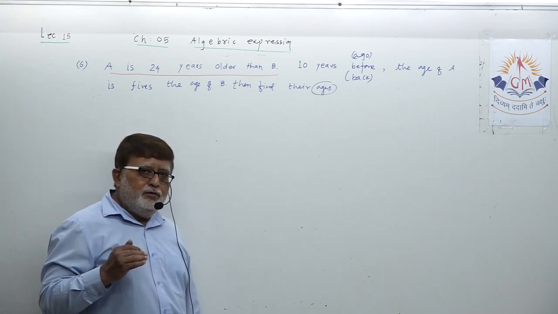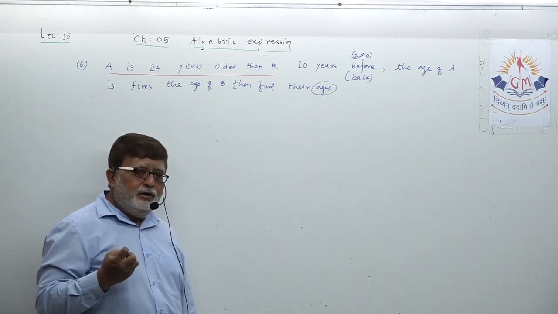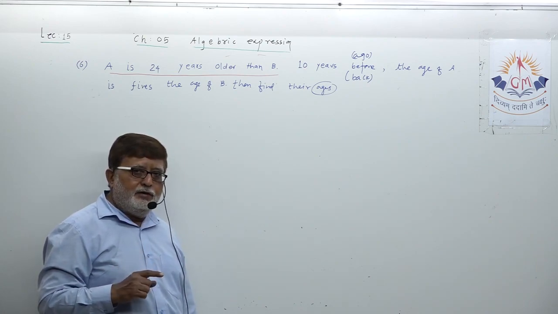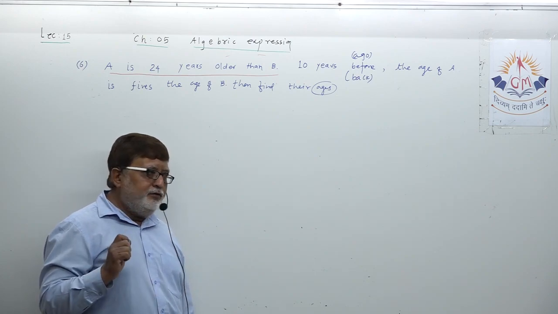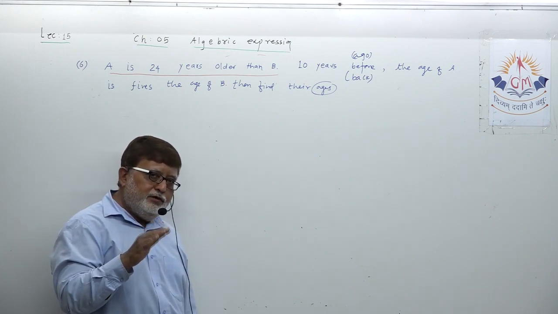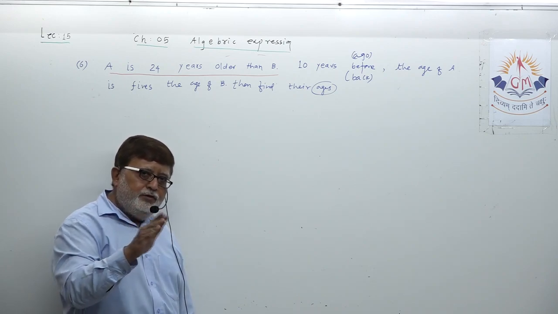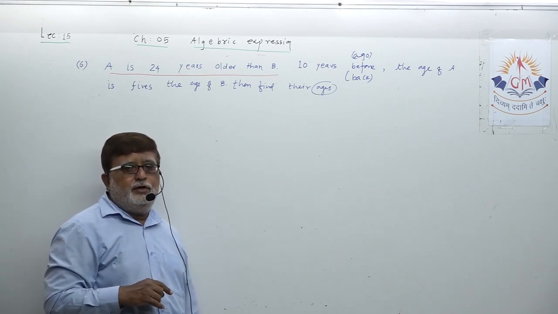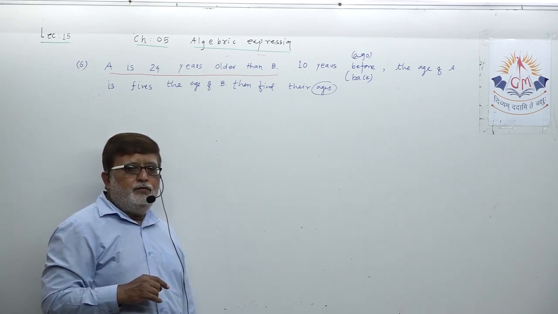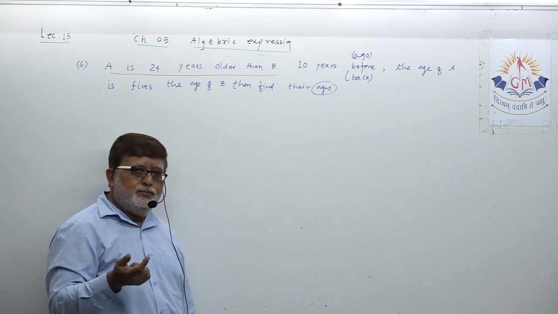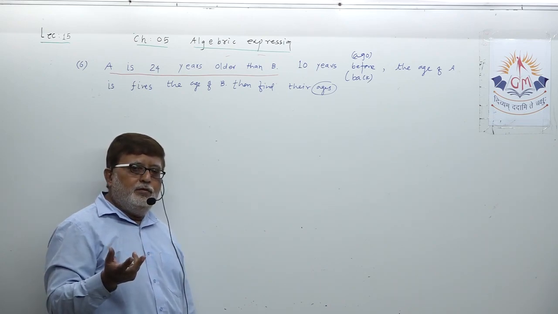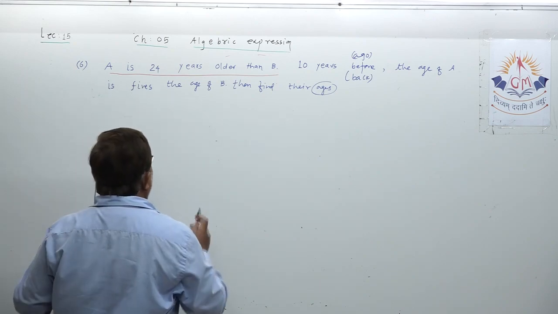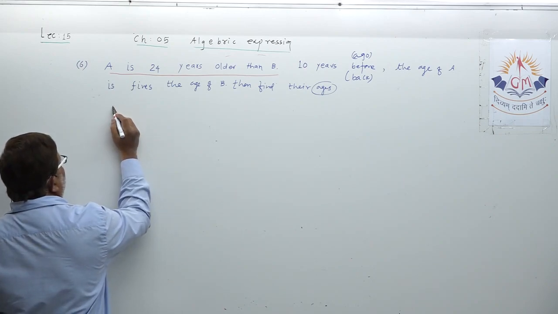It may create a confusion in your mind whose present age you should take as x, either A or B. But see, dear student, if you take the age of B as x, then in reference to that you can find the age of A, because read the first statement, A is 24 years older than B. So whatever the age of B, A is 24 more than that. So, dear student, I am supposing this way.